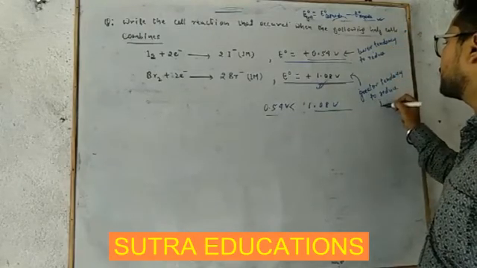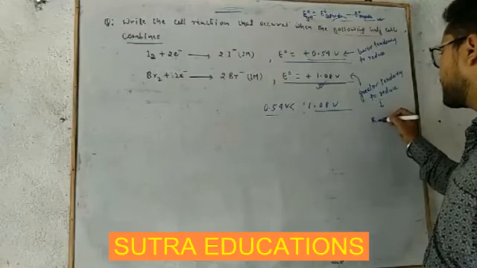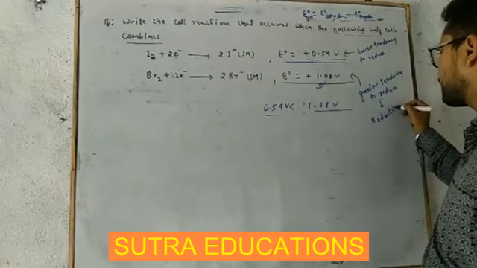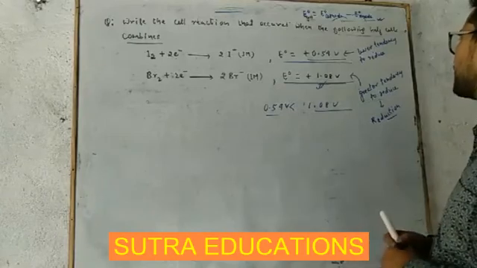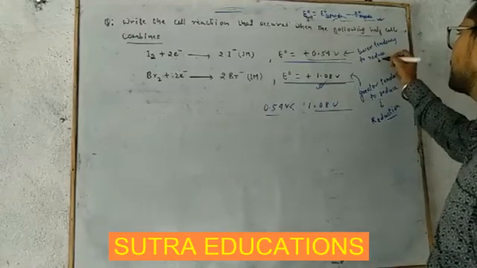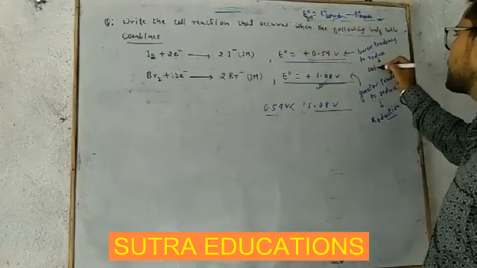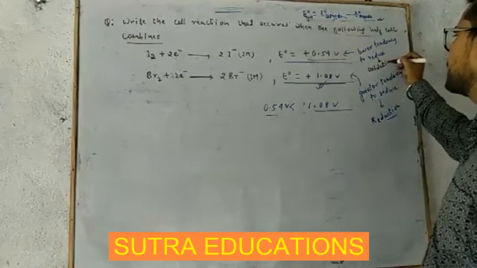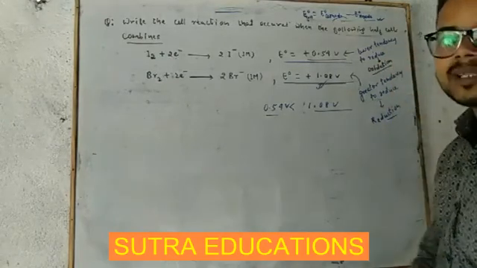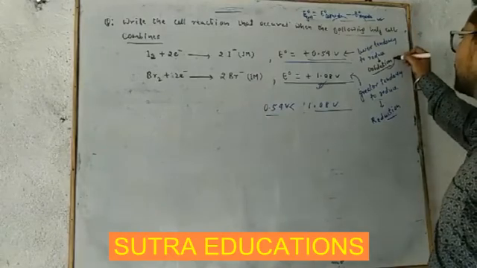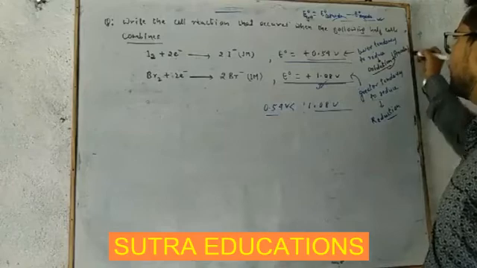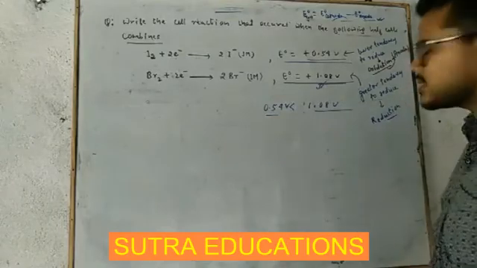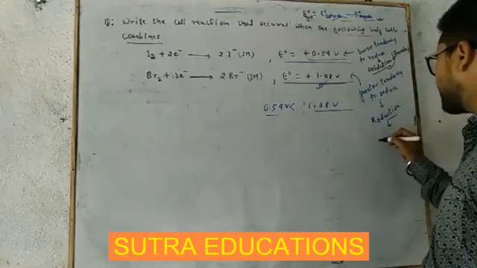So here reduction will take place, and in this case, since it is having lesser tendency to reduce, means here oxidation will take place, and we know oxidation takes place at anode, so this will act as anode, and we know reduction takes place at cathode, so this will act as cathode.